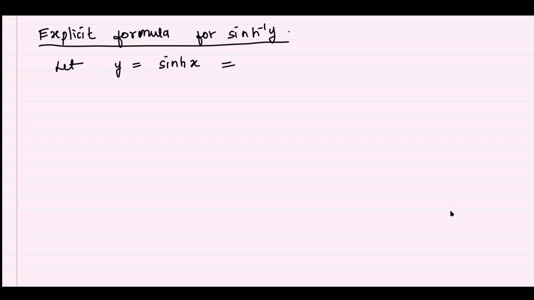We know sinh x is nothing but e raised to x minus e raised to minus x, whole divided by 2. So if we multiply with 2, this equation becomes 2y equal to e raised to x minus e raised to minus x.